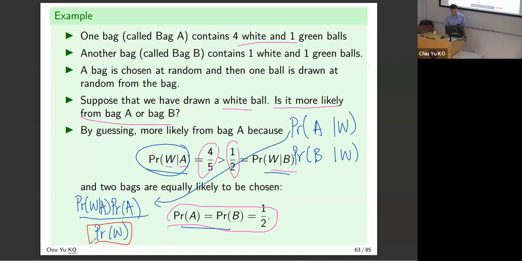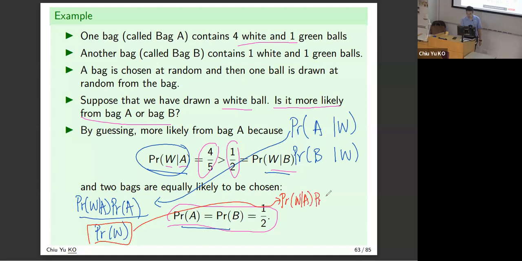The denominator you can always write as the numerator part, plus the part that doesn't belong to it, which is A complement. A complement is B. For the first part, this is exactly here.